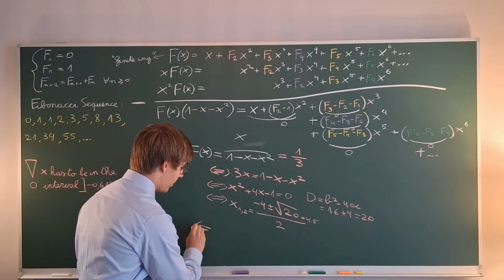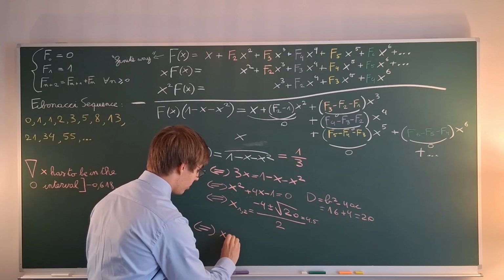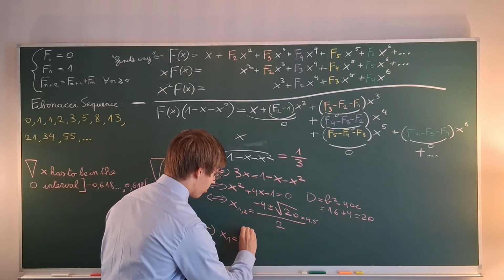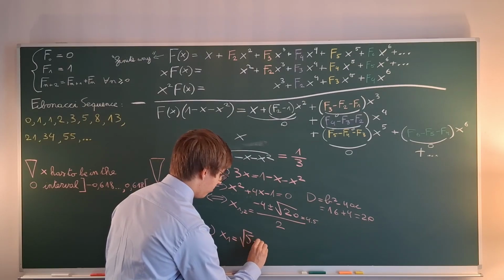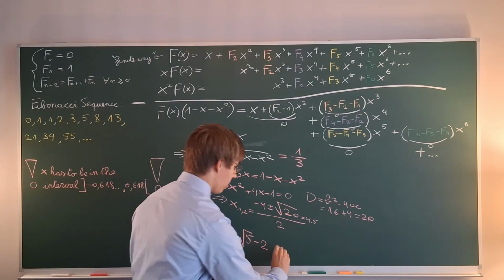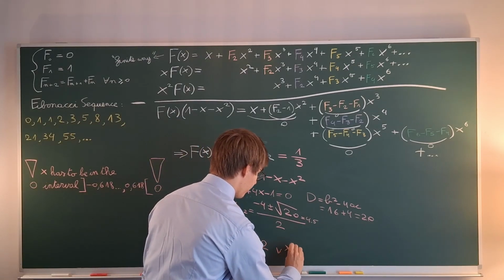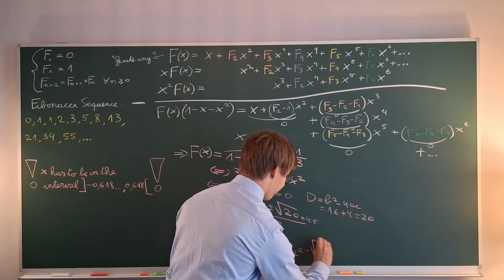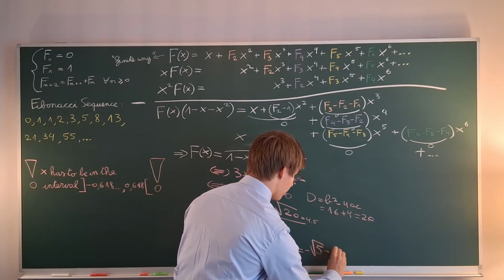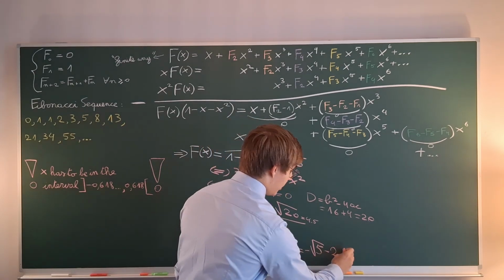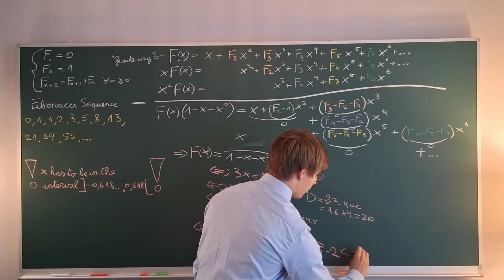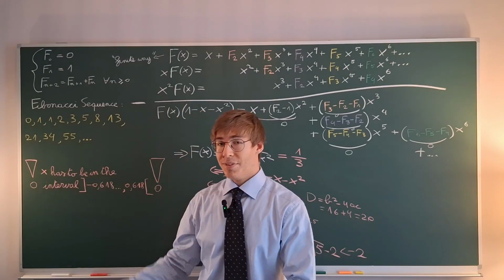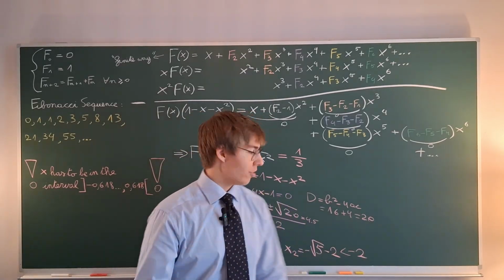And this gives us that x1 is equal to, let's pick the positive, square root of 5 minus 2, or x2 is equal to minus square root of 5 minus 2. But this is smaller than minus 0.618, so the second value definitely doesn't lie in the interval of convergence.